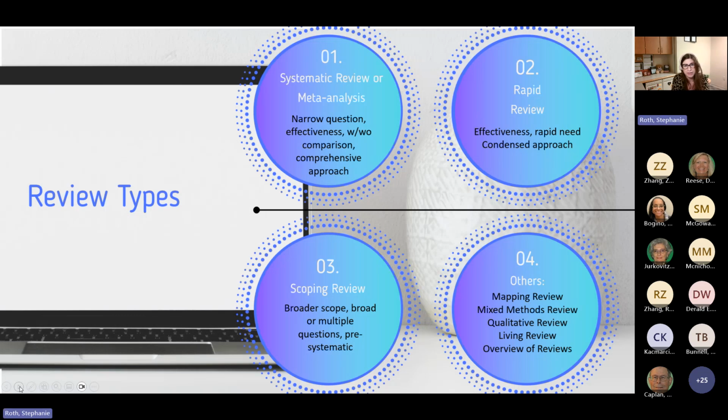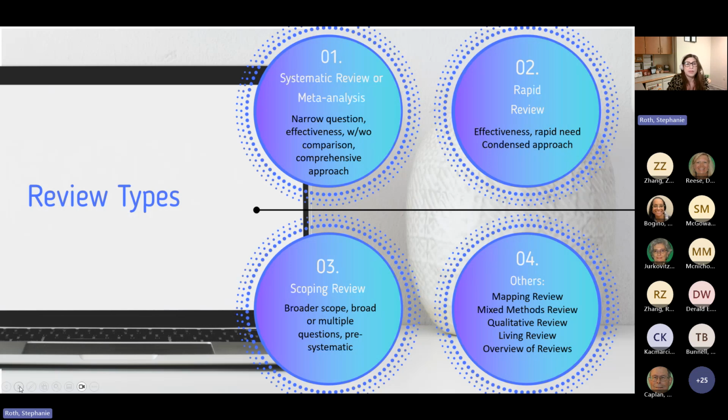The systematic review and meta-analysis are used interchangeably sometimes, but the meta-analysis is a review that includes a statistical analysis of the data. And that study design incorporating that analysis can be called a meta-analysis. Meta-analyses are usually based off of several studies. They need to pull the data from several studies, and they need to have enough studies to do it.